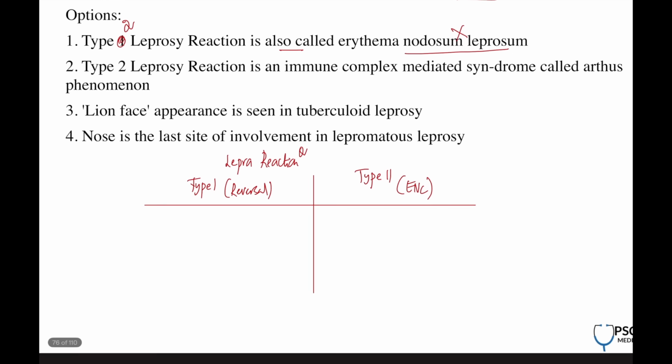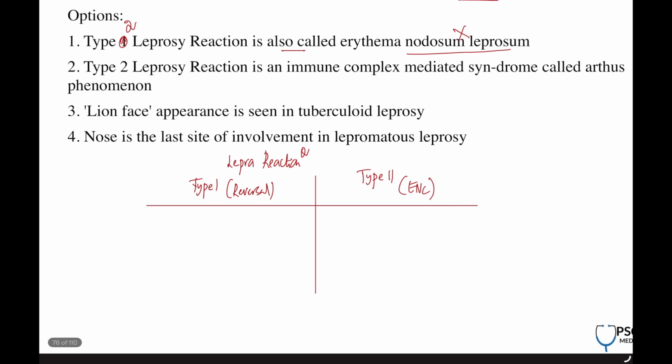Next, we'll move on to the mechanism of type 1 and type 2 reactions. This is how I remember: you have to remember the number 5. 1 plus 4 is equal to 5. 2 plus 3 is equal to 5. That means type 1 lepra reaction is type 4 hypersensitivity.